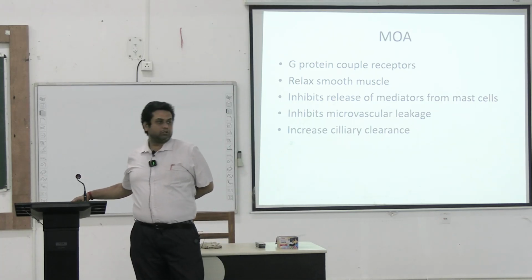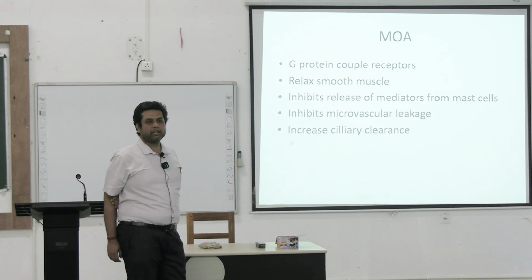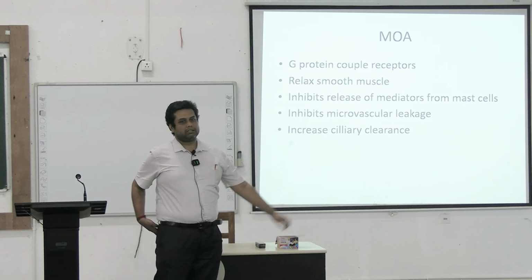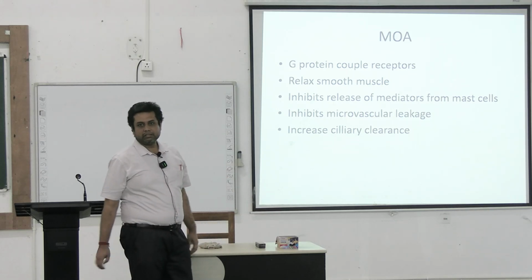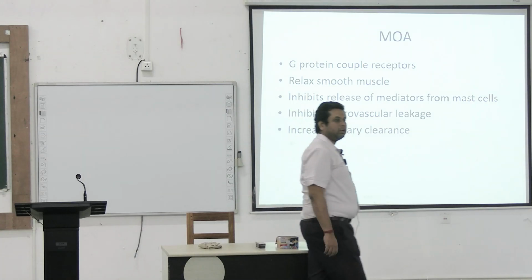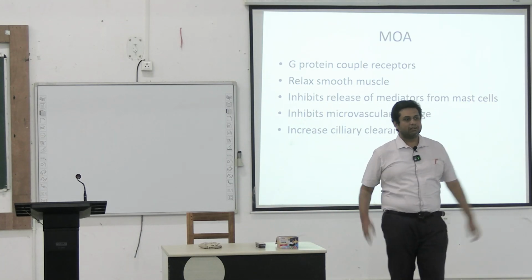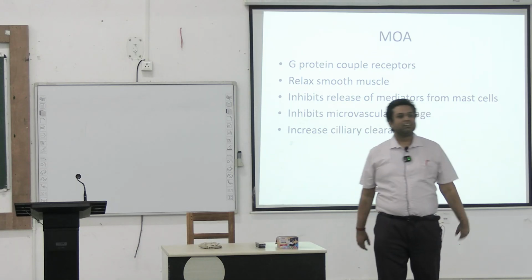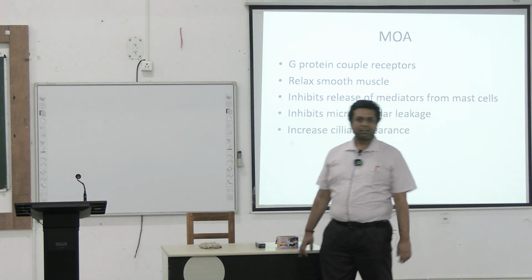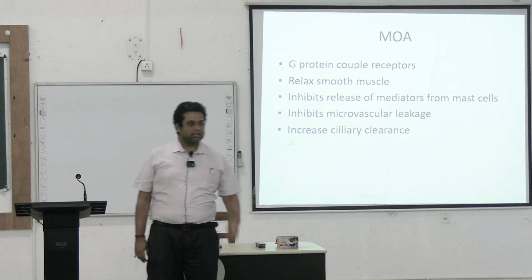Now we come to the route of administration of this beta agonist. Route, prerona, inhalational route. ঠিক আছে, so these are administered by inhalational route, and the device is a metered dose inhaler. Alright.